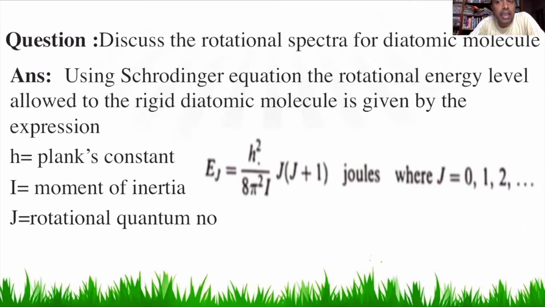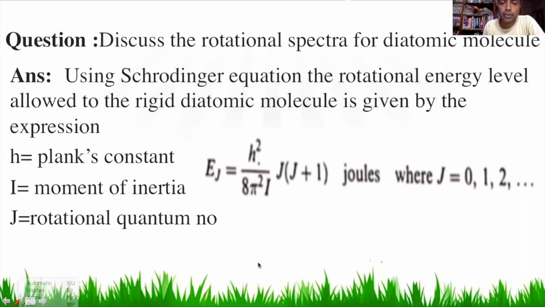That means the energy levels are stepwise. If J is 0, it is the ground state; if it is 1, the first excited state, and so on. Basically this will be represented by a few lines.